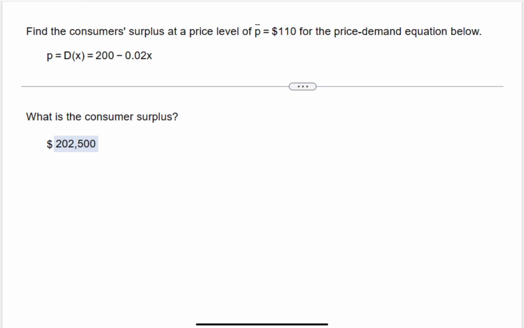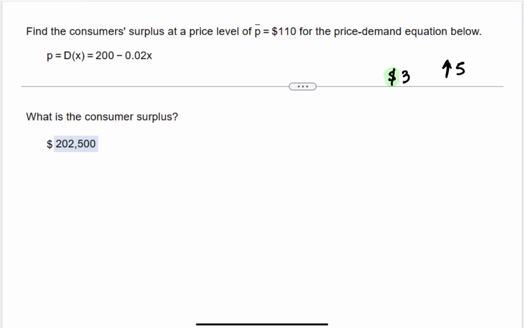Now, let's think about the time when we were running short of toilet papers, right? So what happened during that time? The toilet papers were in high demand and the price went up from, let's say, $3 all the way to $5.